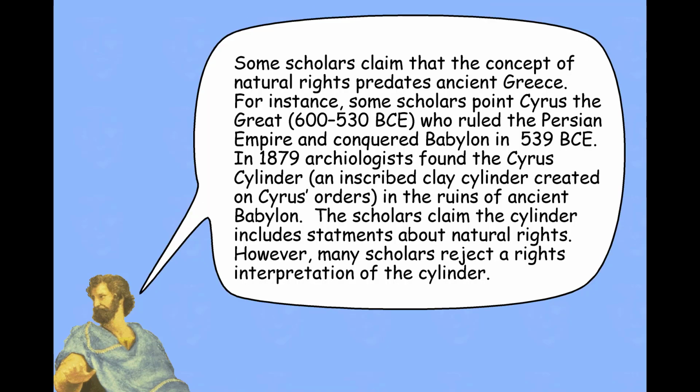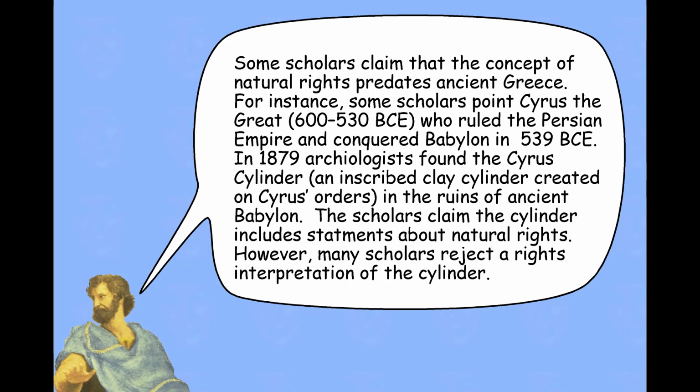Now, some scholars claim that the concept of natural rights predates these thinkers in ancient Greece. For instance, some scholars point to Cyrus the Great, who ruled the Persian Empire and lived from 600 to 530 before the Common Era. In 539 BCE, Cyrus conquered Babylon, and in 1879, archaeologists found the Cyrus cylinder, an inscribed clay cylinder created on Cyrus's orders in the ruins of ancient Babylon.